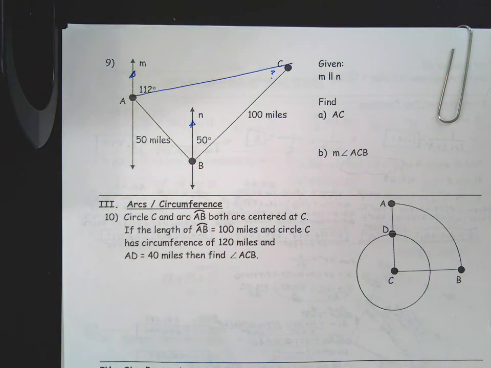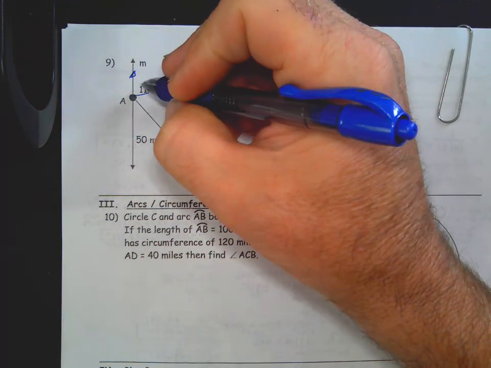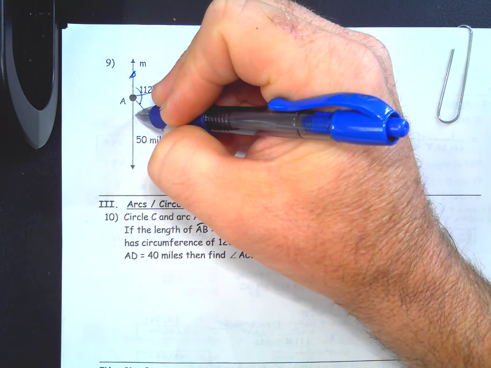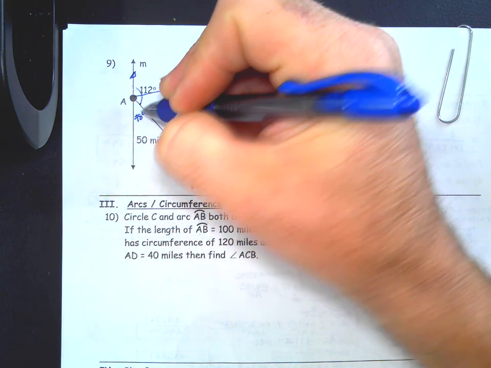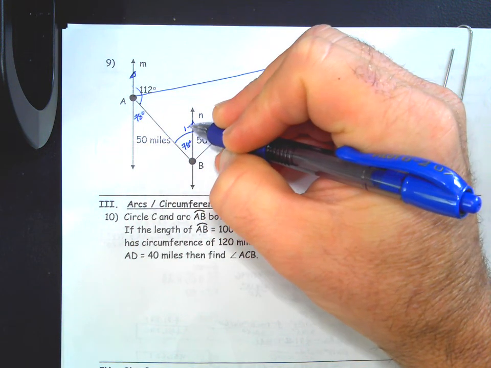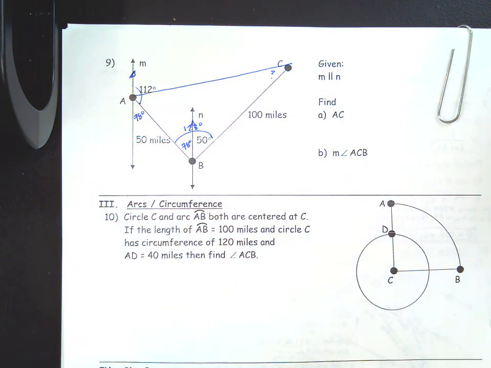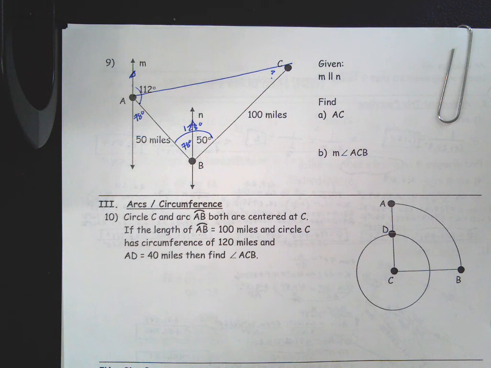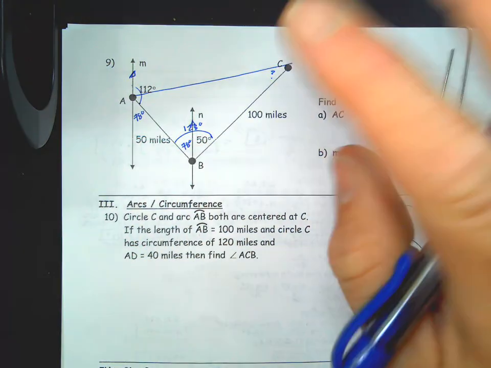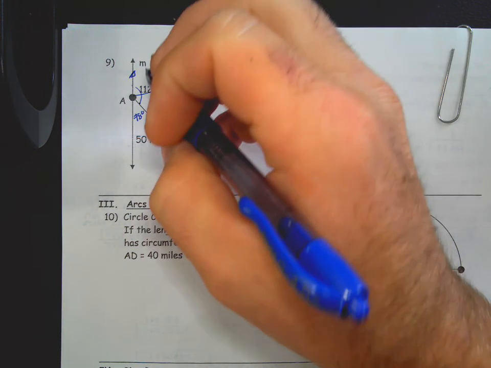So, let's see, if this is 112, then this is 78, and this is 78, and this is 128 altogether. I don't know if we know these angles. We can maybe figure them out at some point.